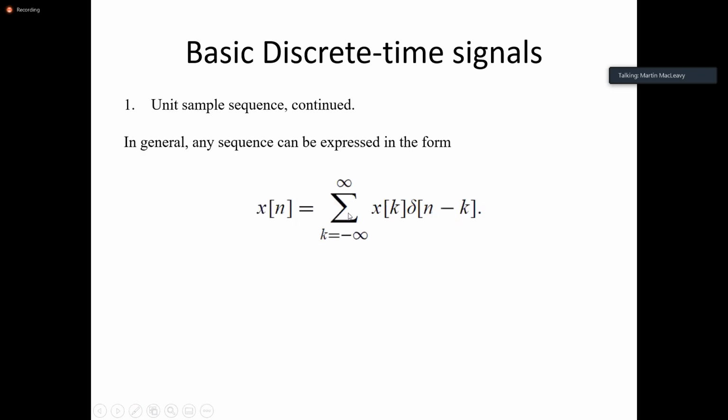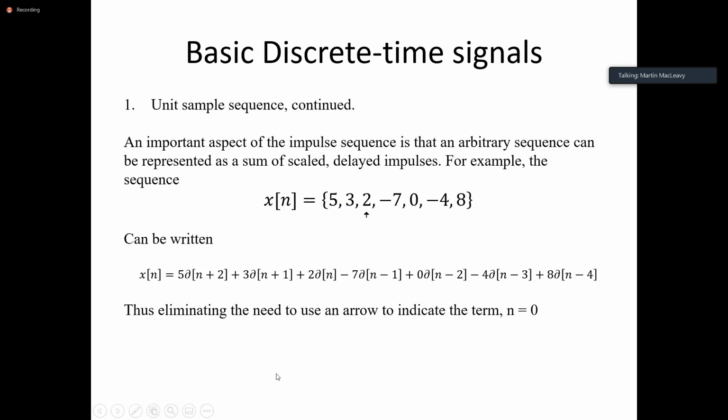In other words, for here, our limits will not need to be minus infinity or infinity. And these are our terms, the sequence values, and this is the delta function. So a good little exercise would be to write out the terms here.